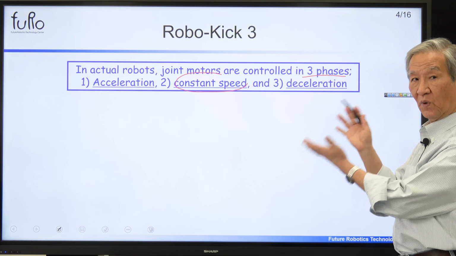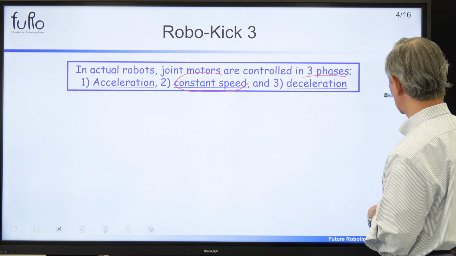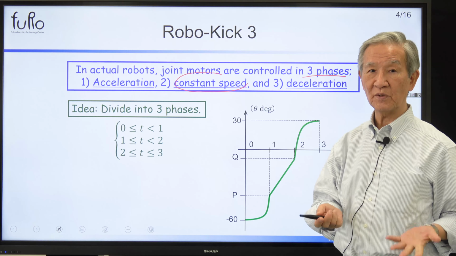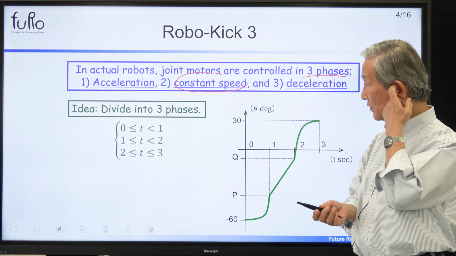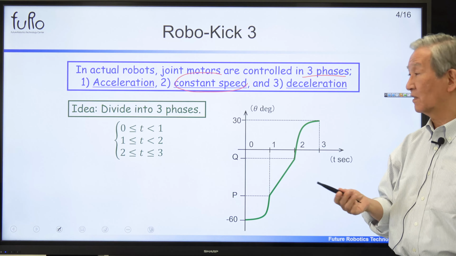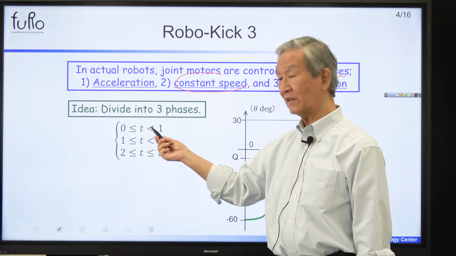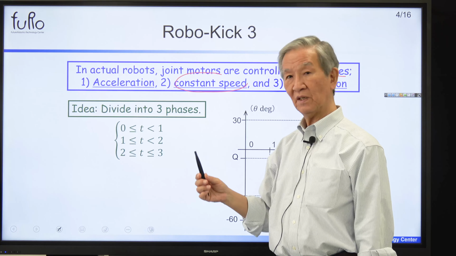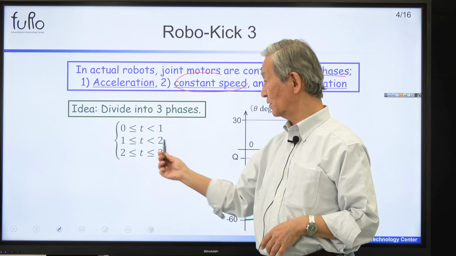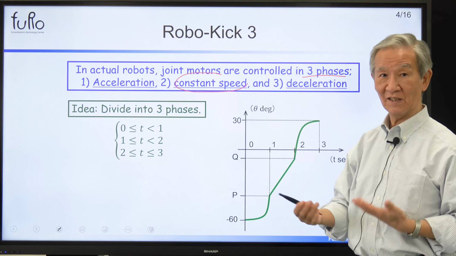So if we follow this type of control of your motor, then what can we do? First of all, since you have 3 phases, I will divide the time interval into 3 intervals. Well, from 0 to 1, 1 to 2, and 2 to 3. How about that? That's easy.